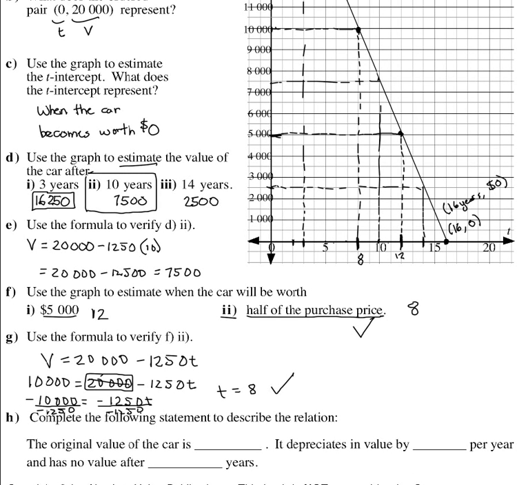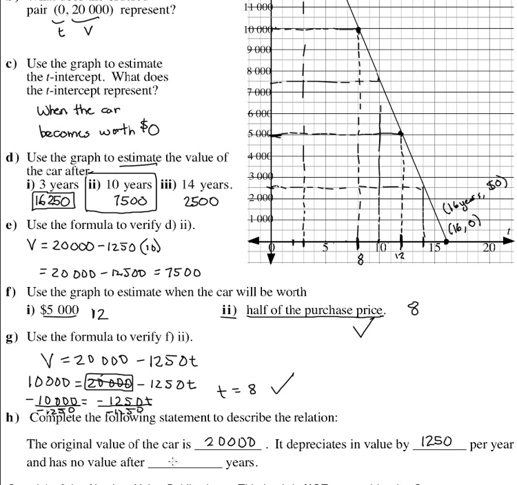Last thing they ask. Complete the following statement to describe the relation. The original value of the car is, they told us it was 20,000. It depreciates in value by, remember the 1,250? That's how much you're losing every year. The minus 1,250t is saying 1,250 bucks multiplied by how many years it's been.